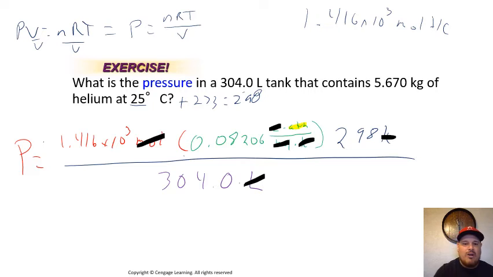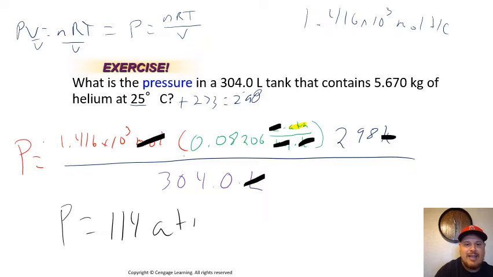So once I multiply all this stuff out, I get pressure is equal to about 114 ATMs. So when I have a 304 liter tank that contains 5.670 kilograms of helium at 25 degrees Celsius, then the pressure has to be 114 ATMs of gas.